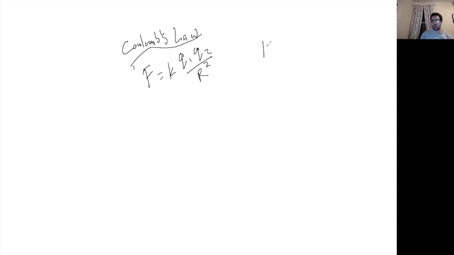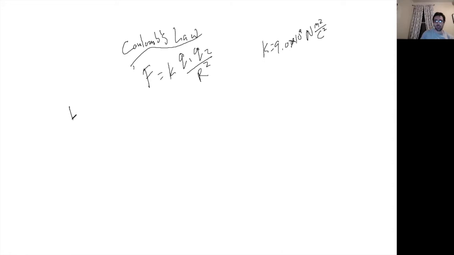Recall that K is always going to be 9 billion, and the unit for that is Newton meters squared over coulombs squared, where the coulomb is the unit of charge. You'll have seen that in another video. Now we're going to look at some proportionality questions.